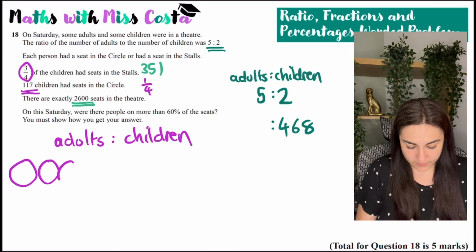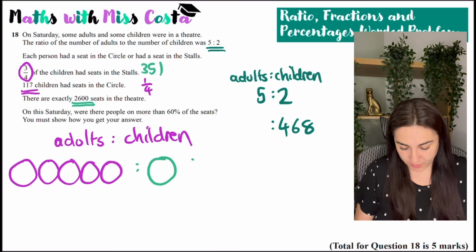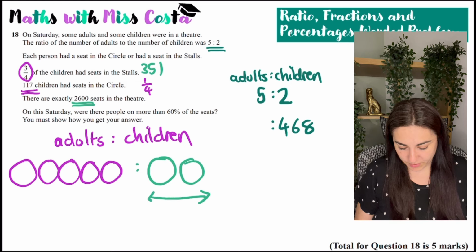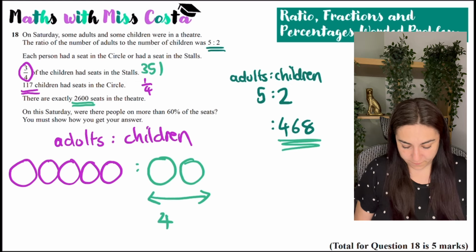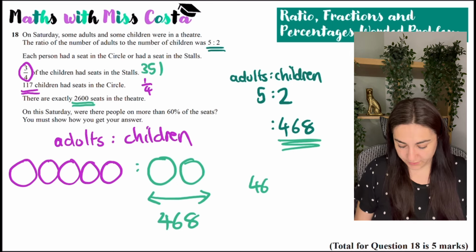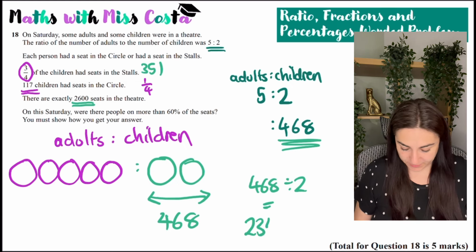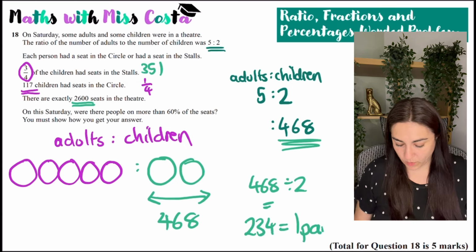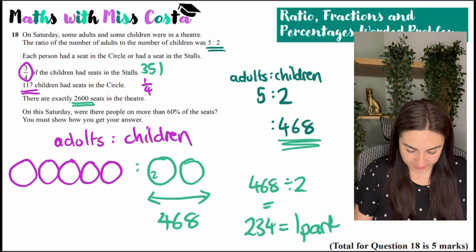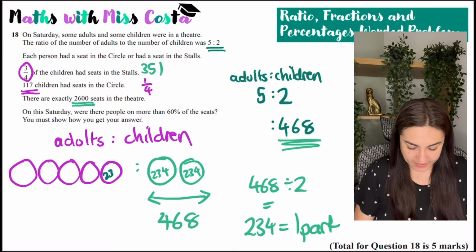So 1, 2, 3, 4, 5 parts to 2 parts. And I know that these 2 parts must make up 468. So what I can do is do 468 divided by 2 to figure out what 1 part is. So 234 is 1 part of my ratio. And that means that each part over here is also going to be 234.